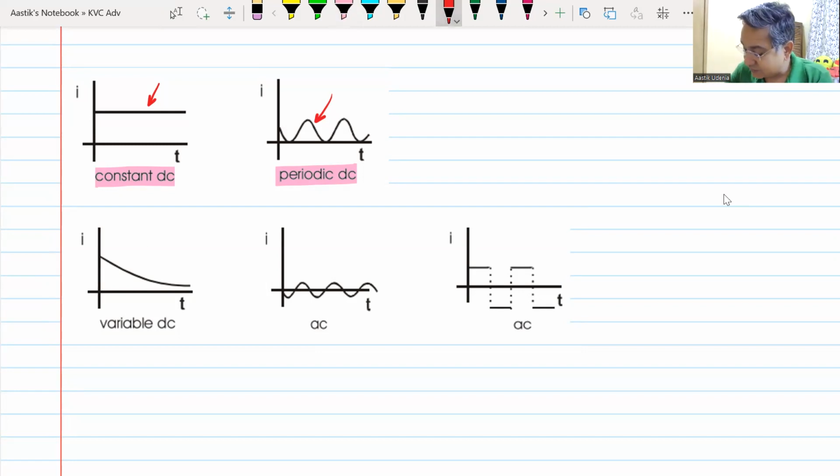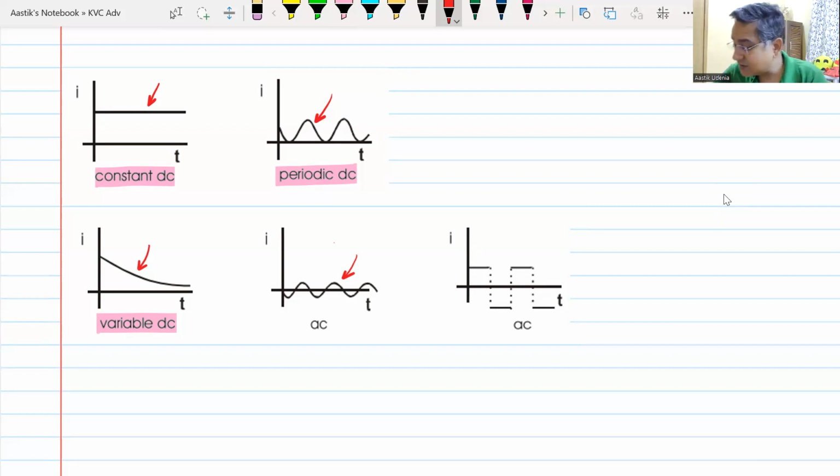In the third case that you see, the current is changing its magnitude, not periodically, but the direction remains the same. So this type of current becomes variable DC or variable direct current. If you come on to the fourth type, here you can see the magnitude as well as the direction of the current is changing, because current is getting negative on the negative y-axis.